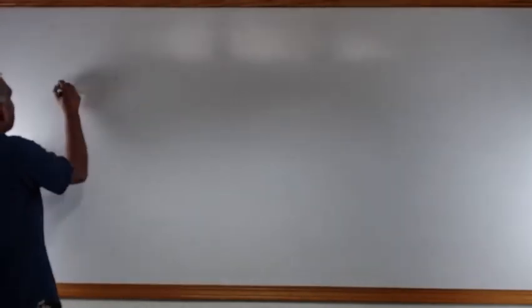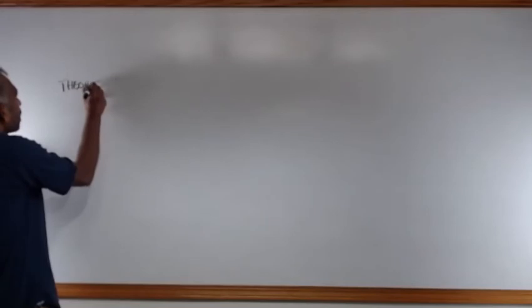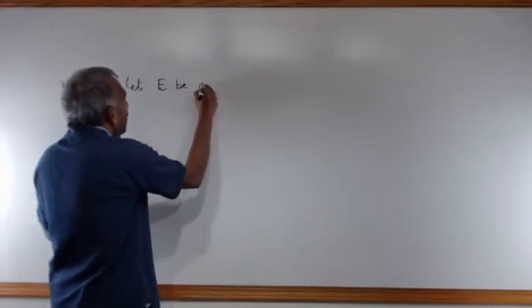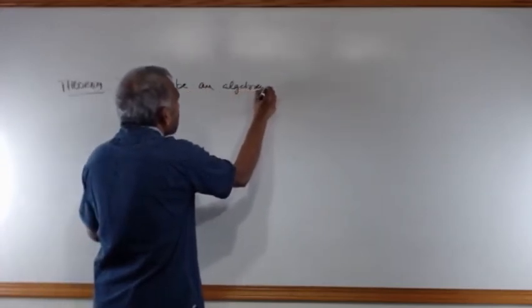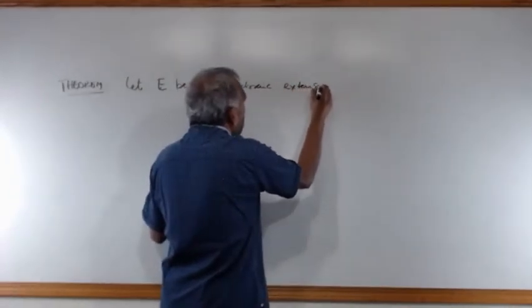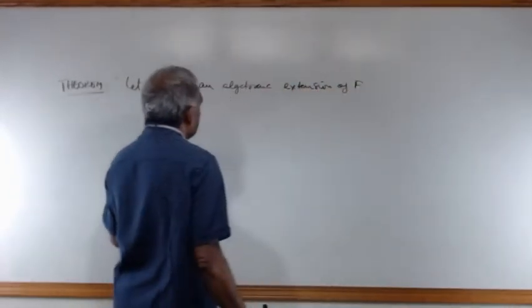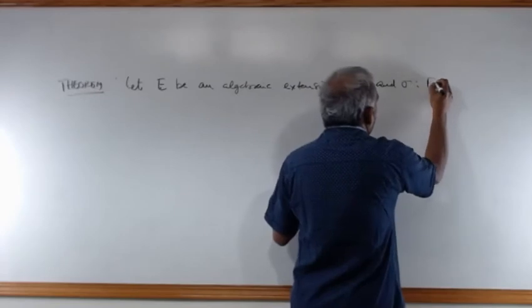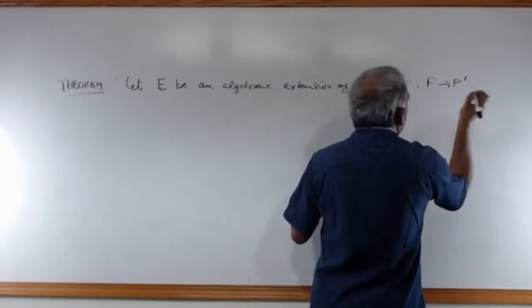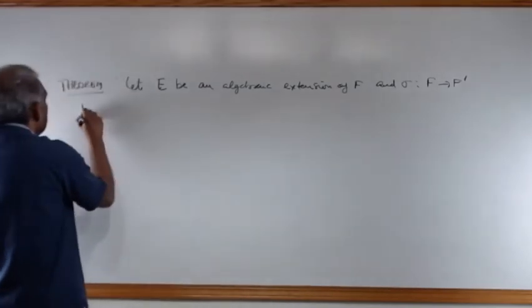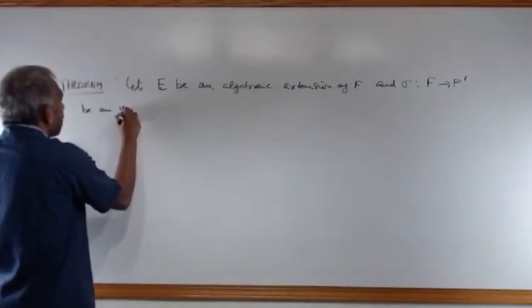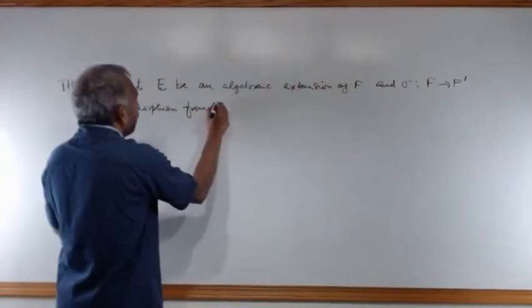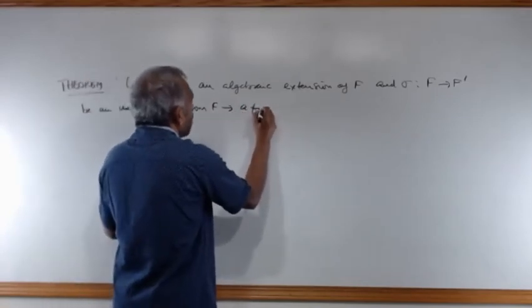Now we will state the theorem. Let E be an algebraic extension of F, and let sigma be an isomorphism from F to a field F prime.